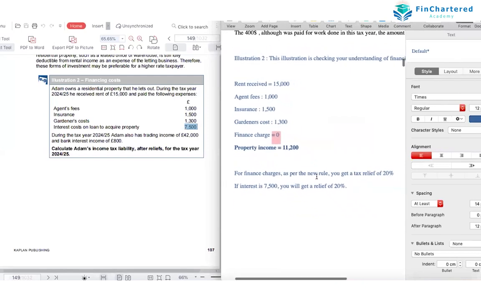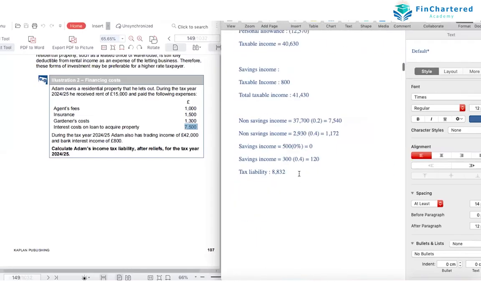So for that 7,500, you'll get a relief of 20%. You deduct it at that stage and say you get a tax relief on finance charge of a maximum of 20%. So 20% of 7,500 will be 1,500. So this is a relief, no need to pay this.